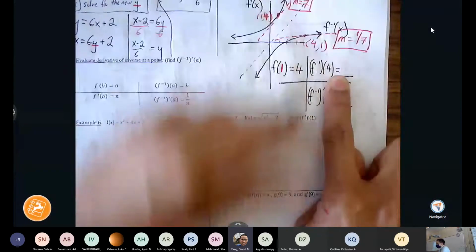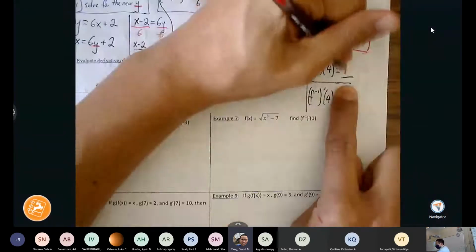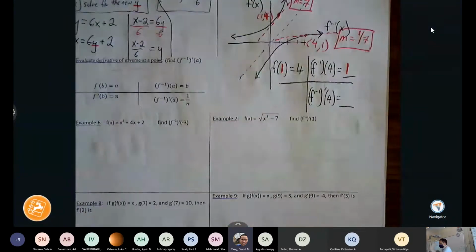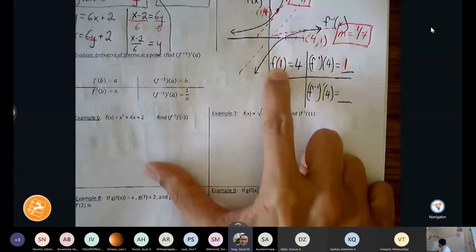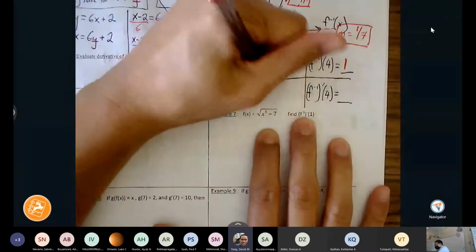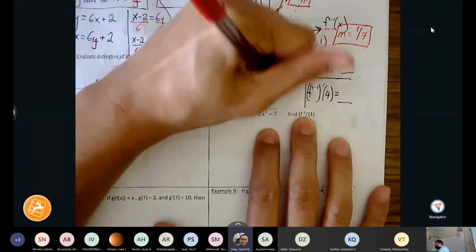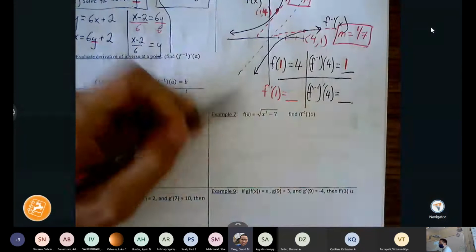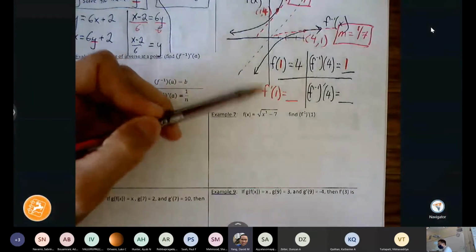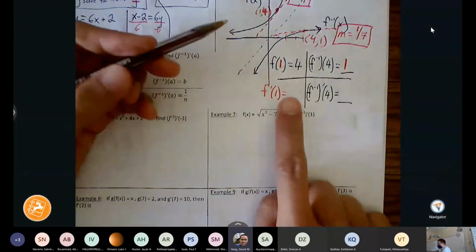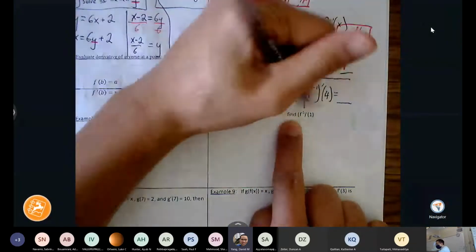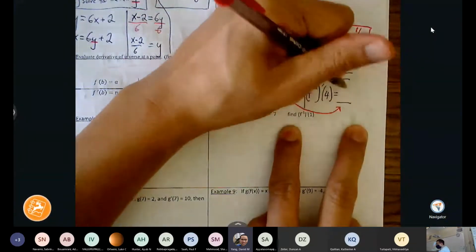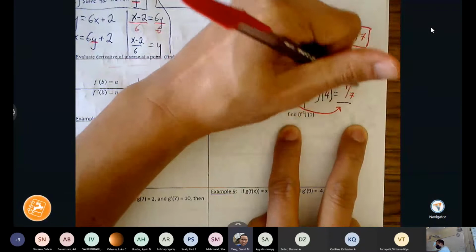I really don't need to fill this out, but I like to see that symmetry, that with a function and inverse, I see the flipped ordered pairs. Then once I have this information, I'm going to work my way to figure out f prime of 1. A lot of times it's just the power rule: whatever the function is, we find the derivative, find the slope, figure out what the slope value is, and then we turn around and make our final conclusion, and that's our answer.